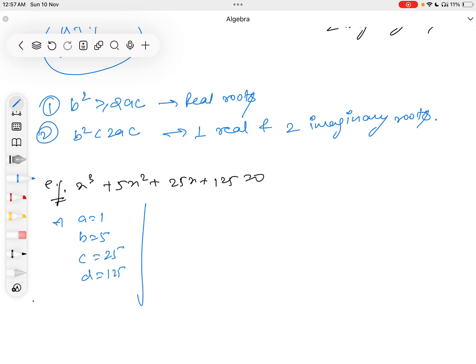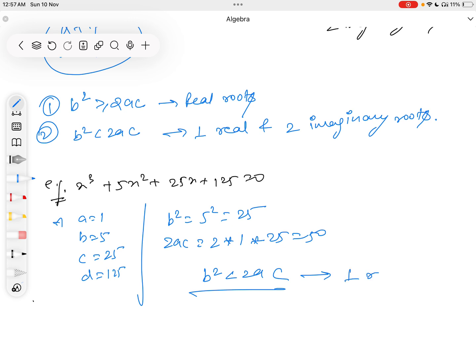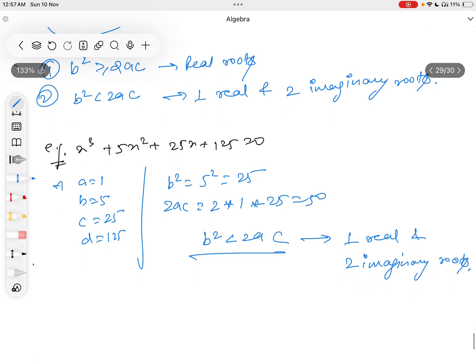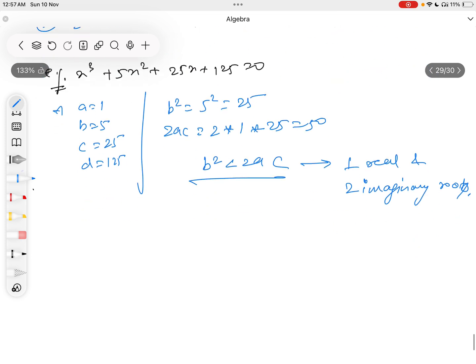So b square is 5 square, that is 25, and 2ac will be 2 multiplied by 1 multiplied by 25, that is 50. So clearly b square is less than 2ac, which means one real and two imaginary roots.